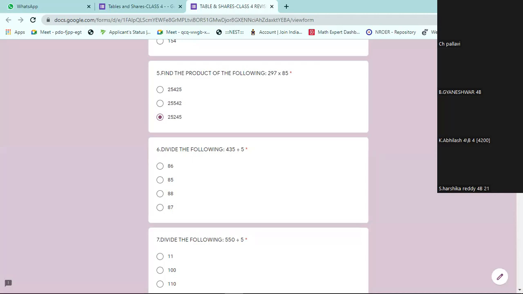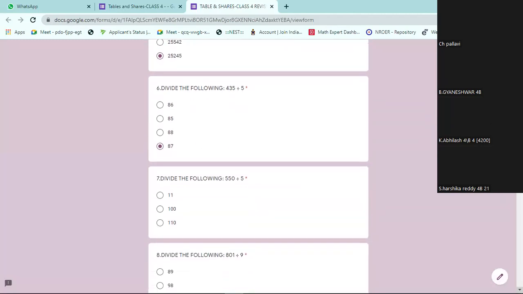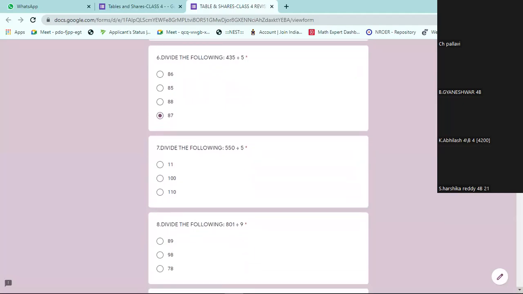First is the direct method. 87 is the answer we are getting here. So one division I have explained. Now try the other division problems.